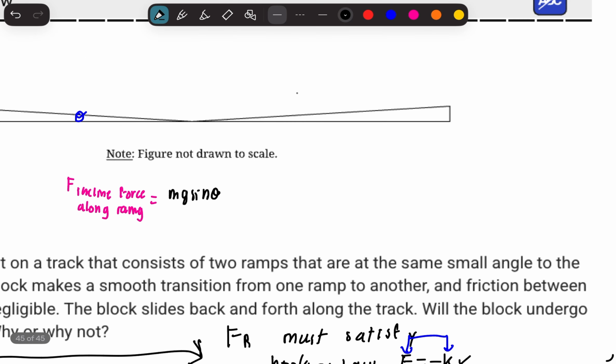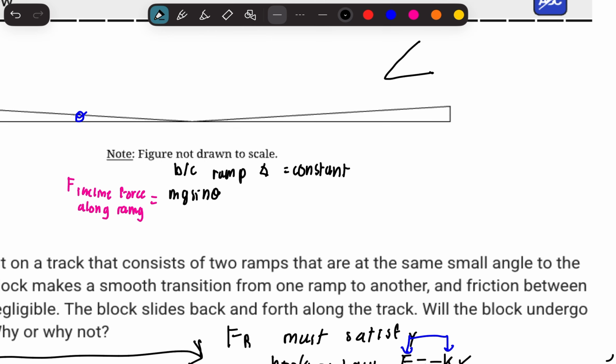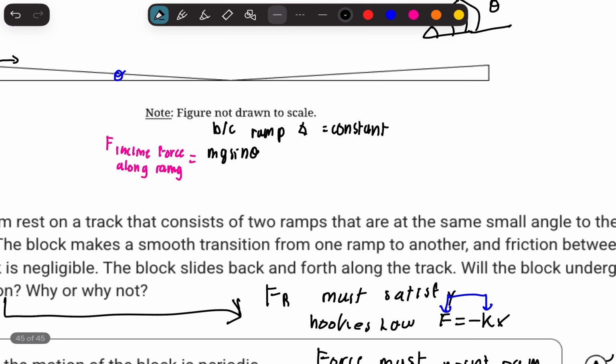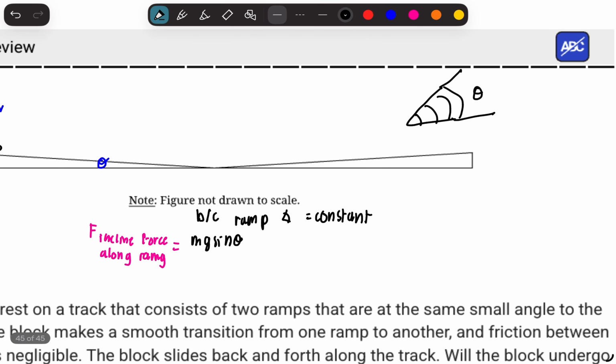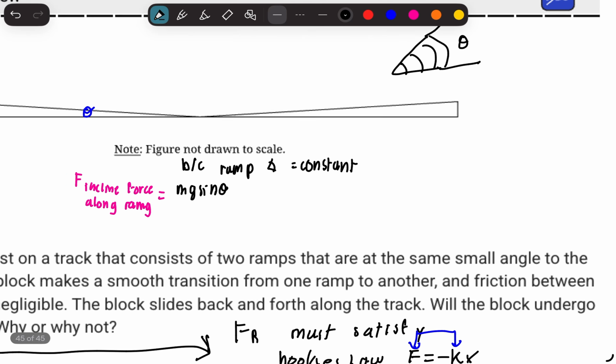And since we know that the ramp angle is going to be constant, therefore you can say, because if you can remember again, if you have an angle like this, any angle, all of these are going to be the same theta. If you have an angle, it's always going to be the same, because you could draw the angle marking at any distance r from the center, and it would still be the same theta.